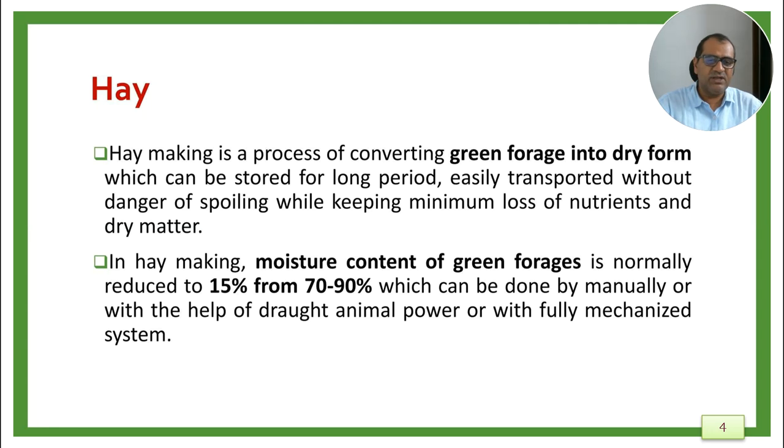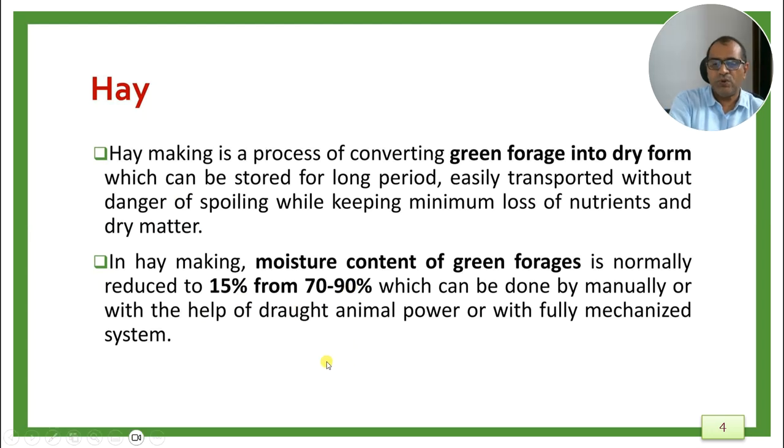This can be done manually, with the help of draught animal power, or nowadays with mechanized machines, and the hay can be stored and transported very easily. Most farmers depend upon hay making. In this slide, the important matter is that the moisture has to be reduced from 70 to 15%.